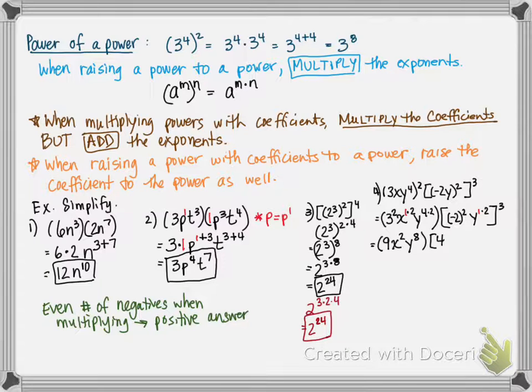And then, sorry, not even, odd. An odd number of negatives when multiplying, you always have one extra odd, so you'll have a negative answer.